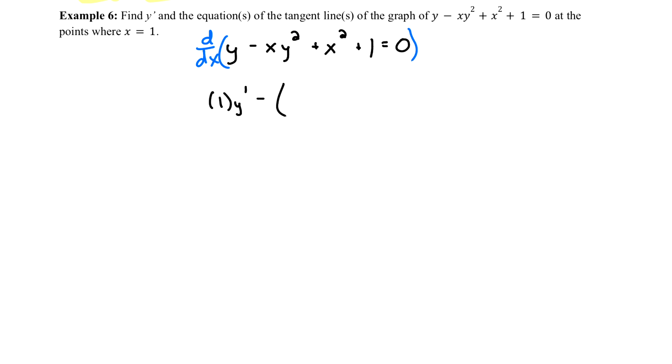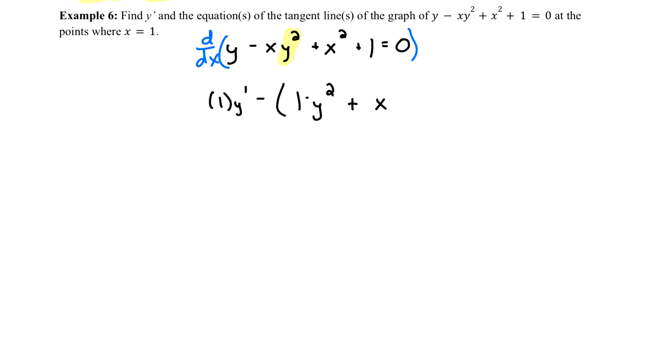Minus, if we think about what our product rule says, it says f prime. So first of all, the derivative of x, that's just going to be 1, times g, which is y squared, plus f, so this time f is just x, times g prime, the derivative of y squared.